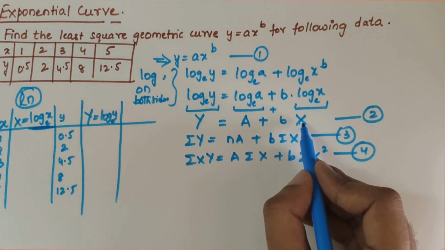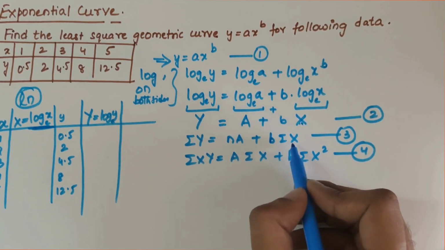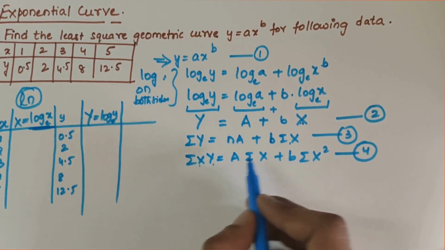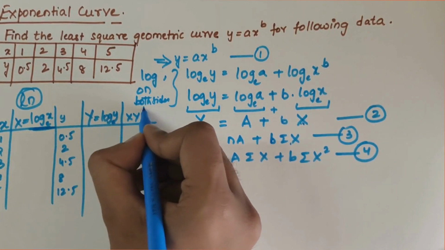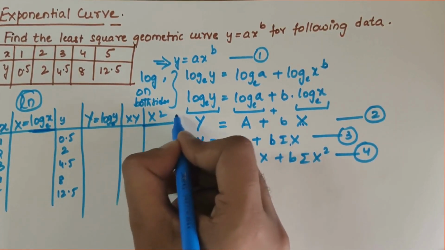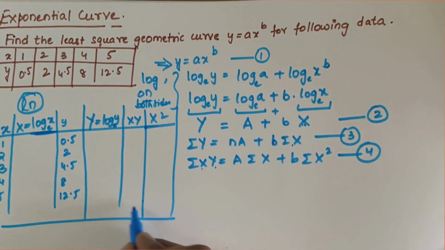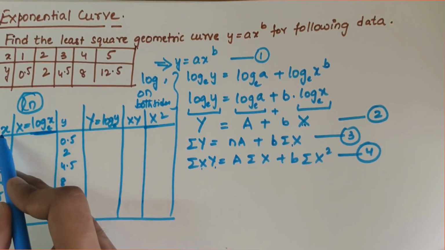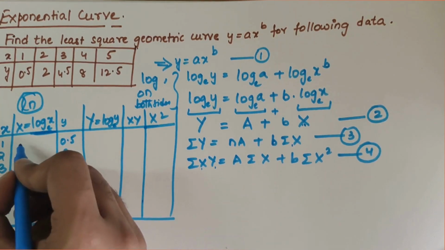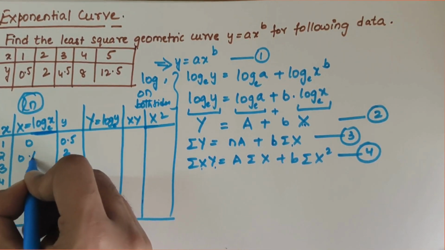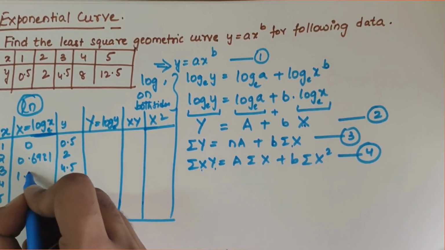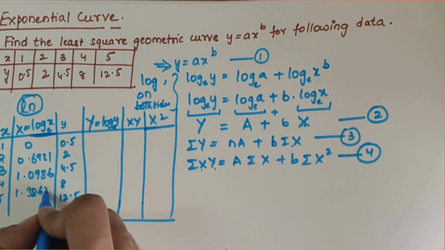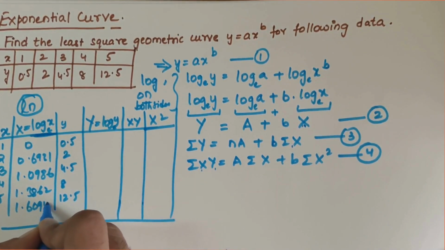So you have got x, you can get summation X value, summation Y value. Now you need summation XY and X square. So XY write and X square also write it here. So now once you put the values in Calc, you get the answer as 0, 0.6931, 1.0986, 1.3862 and 1.6094.